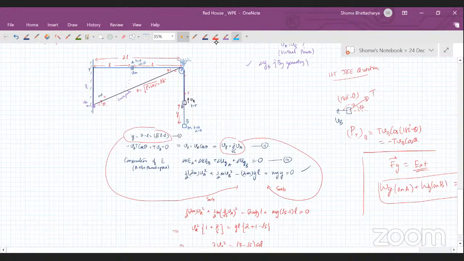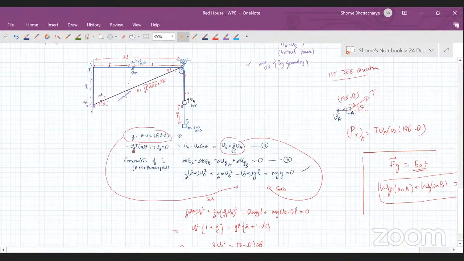And at that same instant on the other side, sorry, this is A, my mistake. This is the block A. It's about to hit the wall with a speed VA. So the power delivered by tension on the block A becomes T VA cos(180 minus theta).